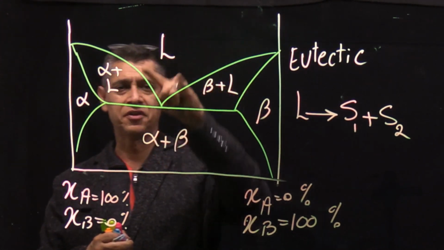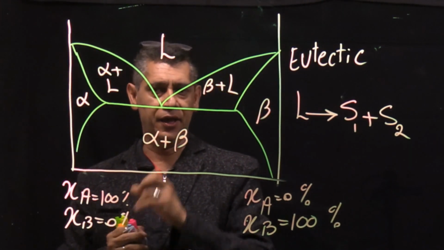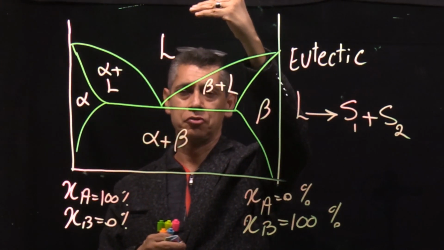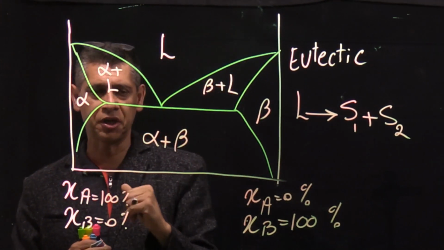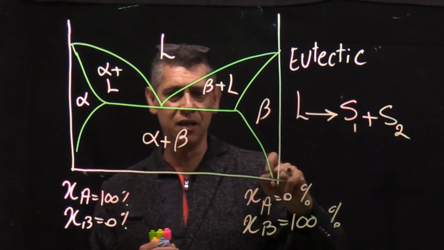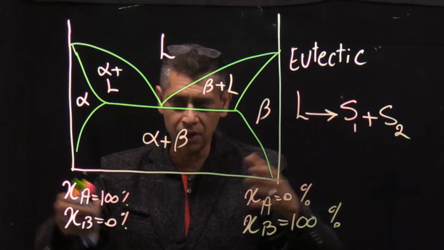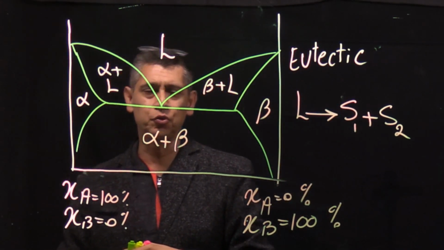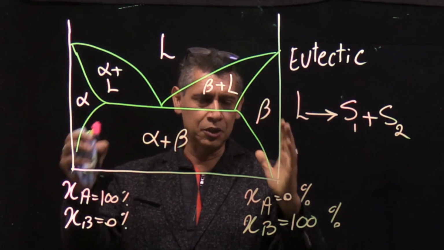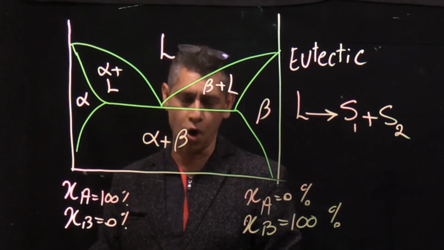Eutectic phase transformation is when you have one unified liquid that transforms, after reducing the temperature to a certain degree, all of a sudden into two solids. The equation is L becomes S1 plus S2. This is a general form of eutectic phase transformation, and when you understand the eutectic, you can understand eutectoid easily. Pretty much the same concept.